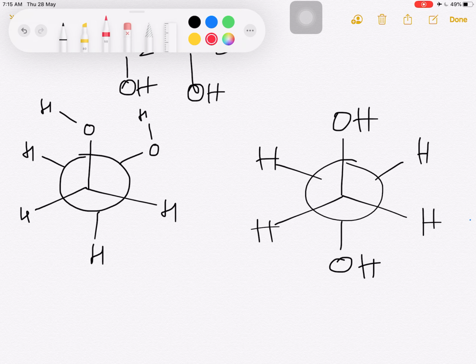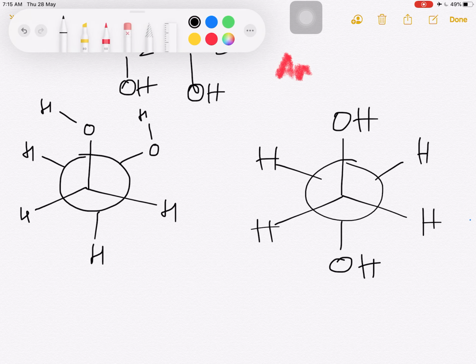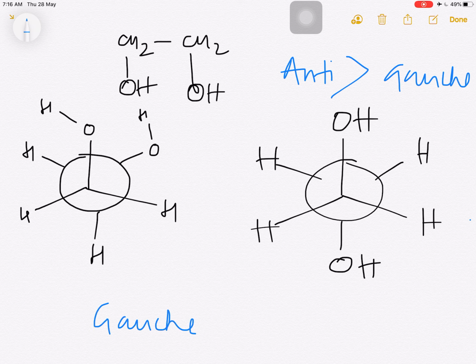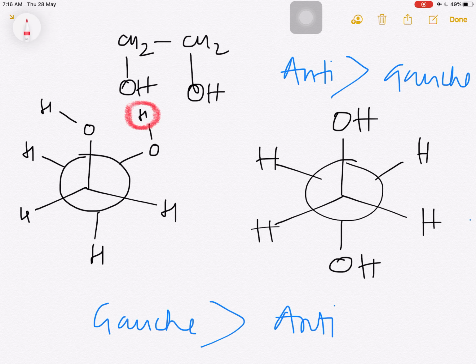Now what I want to tell you is that in the previous example for butane, anti was more stable than gauche. But in this case gauche will be more stable than anti. Why? Because in this gauche structure, the hydrogen is attached to oxygen.